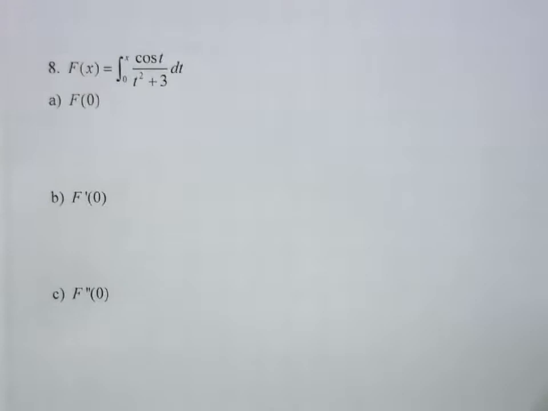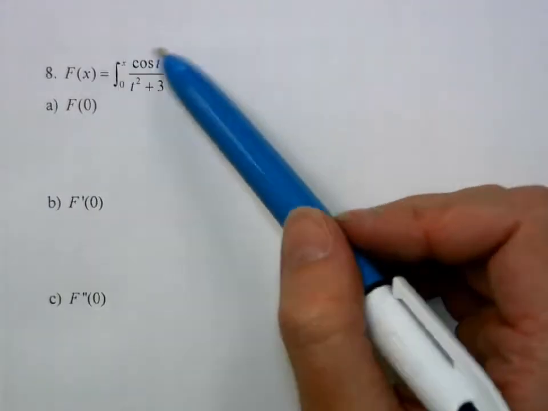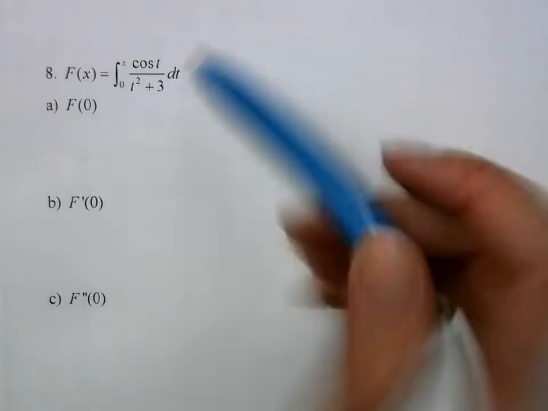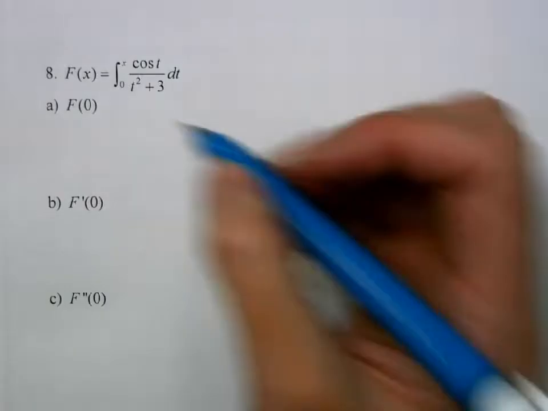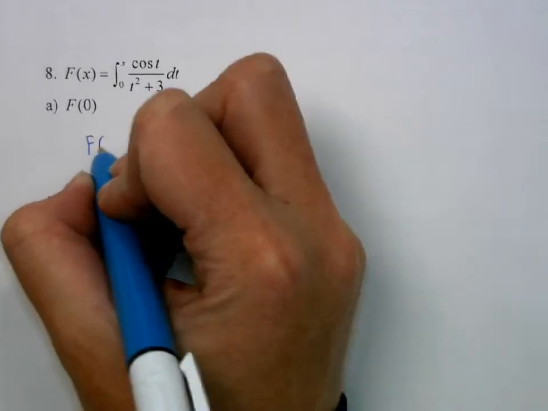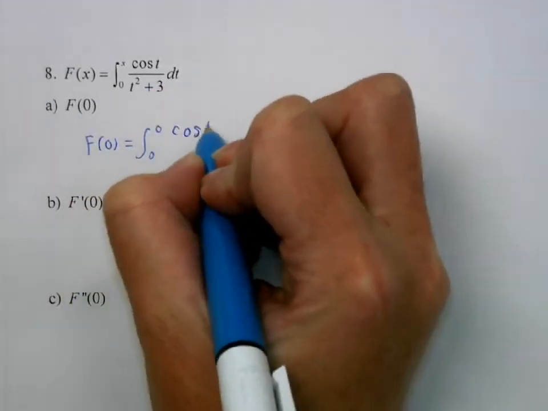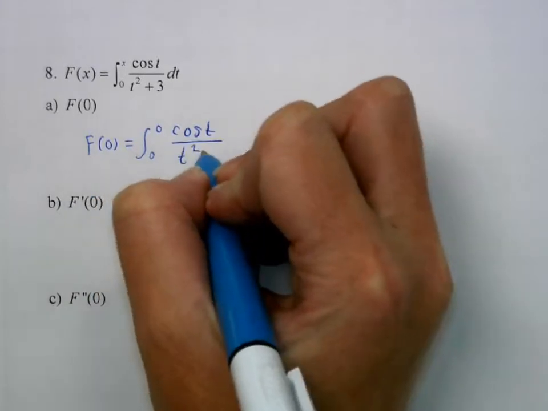All right, so capital F of x is the integral from 0 to x of cosine of t over t squared plus 3. So F of 0 is going to be the integral from 0 to 0, which is just 0.